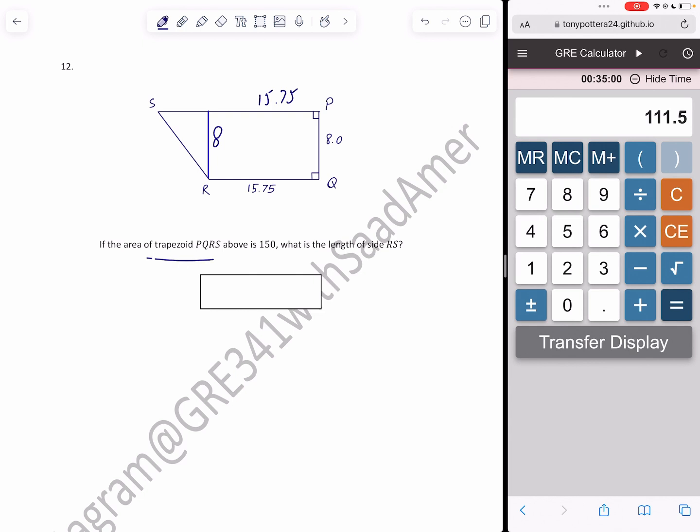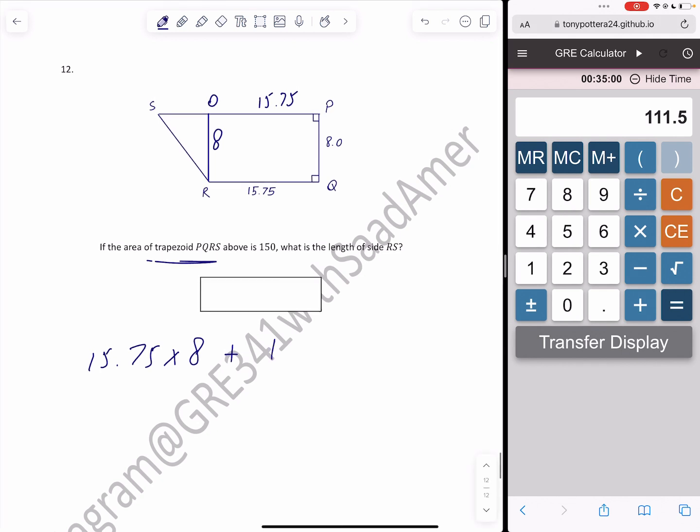If the area of trapezoid PQRS is 150, so this is a rectangle OPRQ, 15.75 into 8, plus this ORS is a triangle, so 1 over 2 into, we already have the height, and let's say OS is equal to x. X is equal to 150.